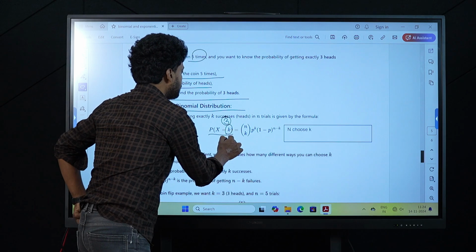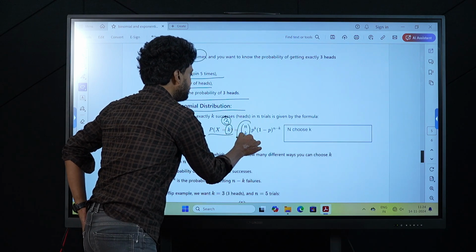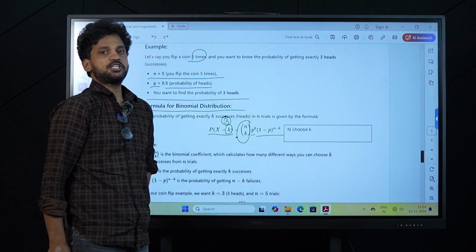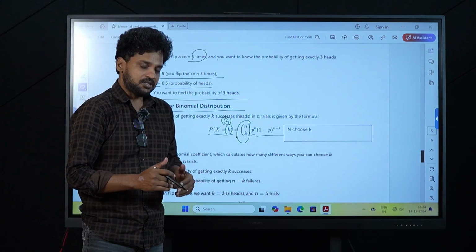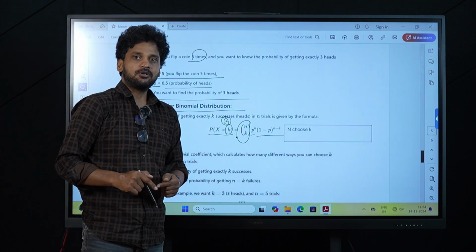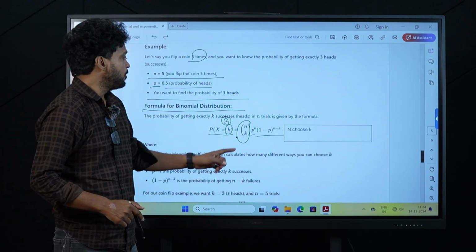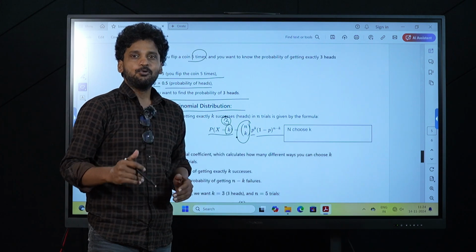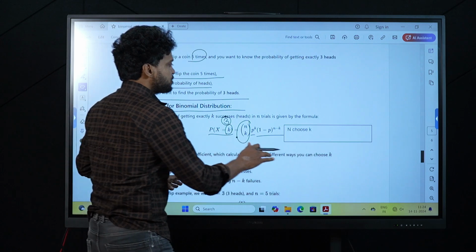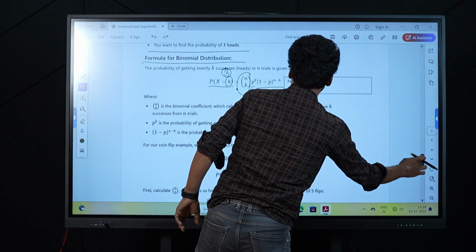P of X equal to k is equal to n choose k into p power k into (1 minus p) power n minus k. Once again, you just need to understand this formula. Not a big deal. We will understand each term clearly.